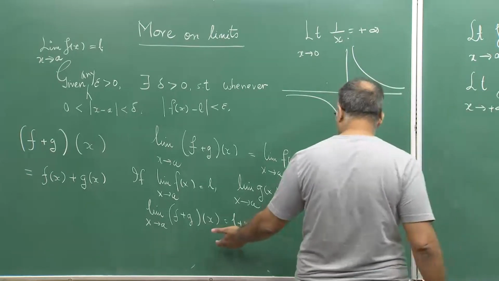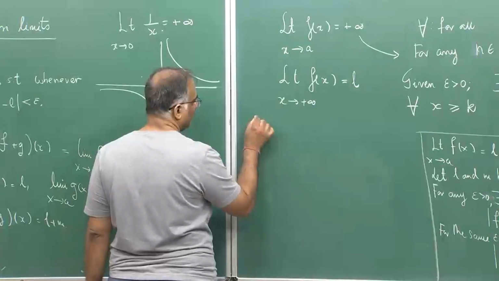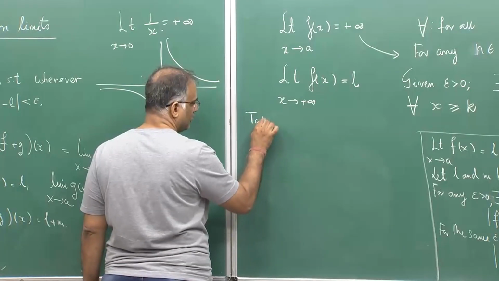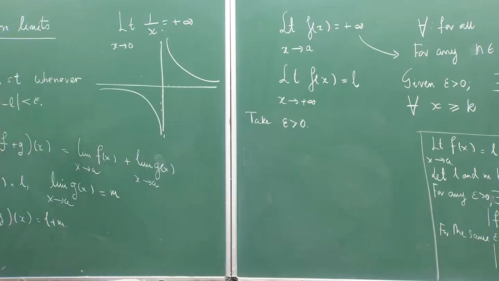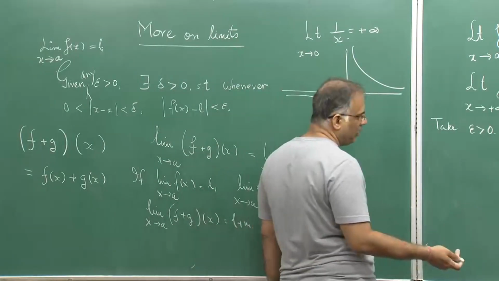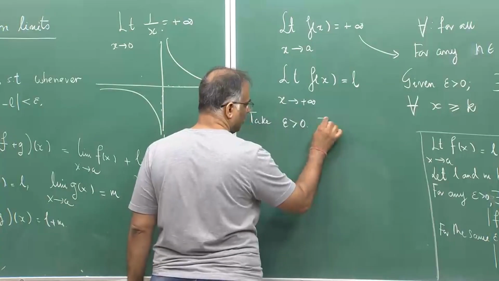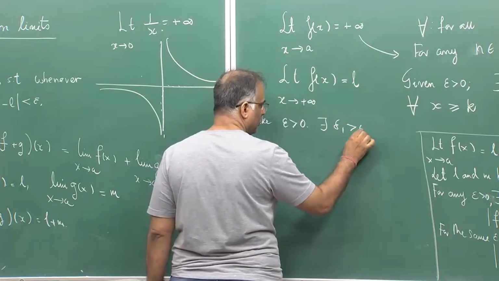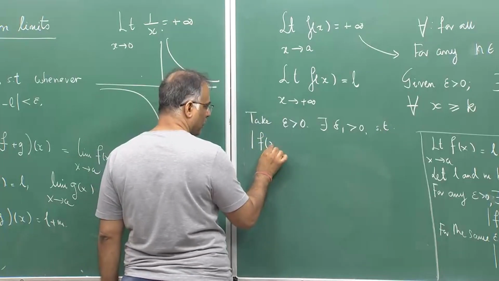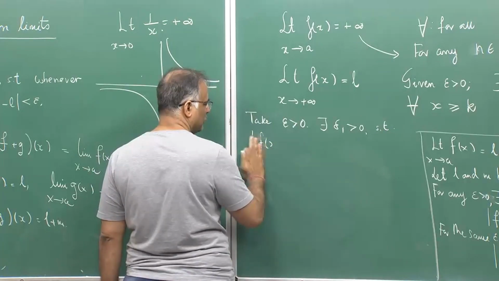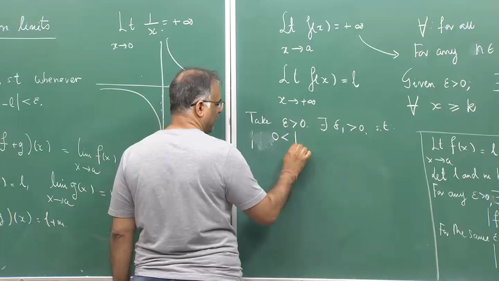Now, for example, if I have to prove this, take epsilon greater than 0. Then what would happen? There would exist delta 1 greater than 0 such that... oh, I forgot to write.